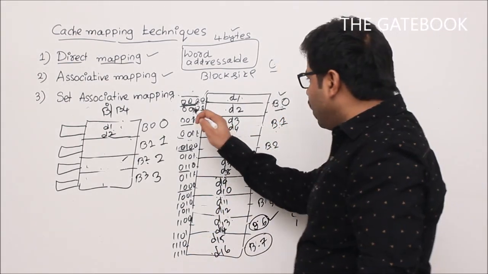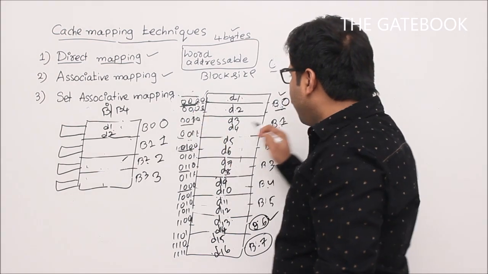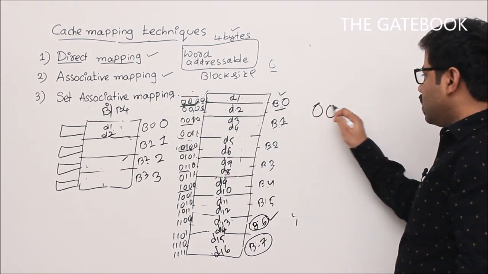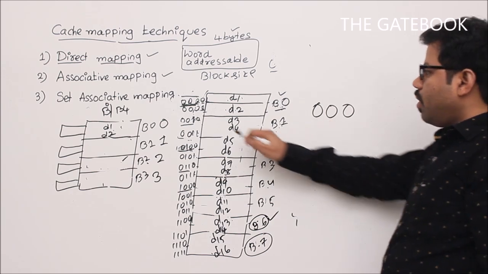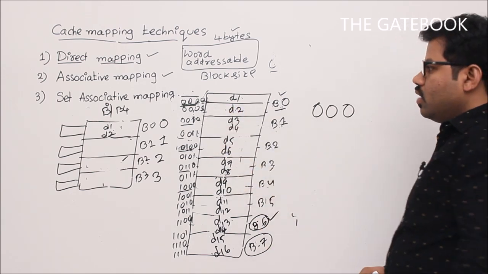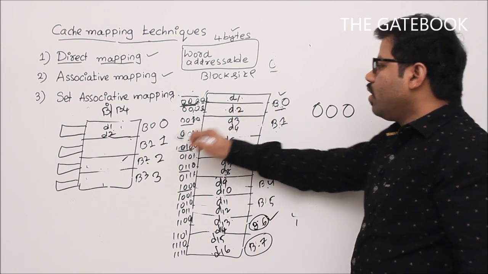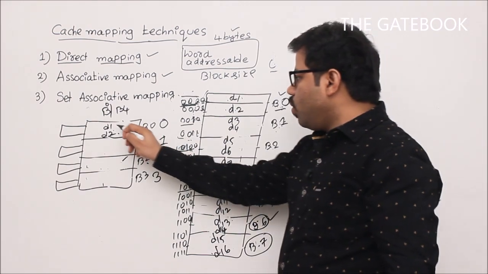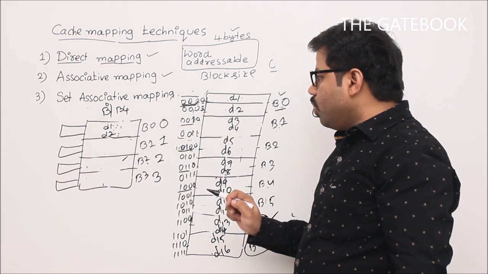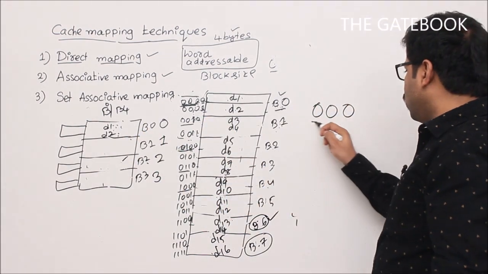So what we do is, for this D1, D2, what are the binary patterns, what are your memory addresses? 0, 0, 0, 0, 0, 0, 0, 1. Now we ignore this last part, 0 and 1, because that is only to differentiate the word offset. We are not worrying about the corresponding word, we are worrying about the remaining bits, 0, 0, 0.